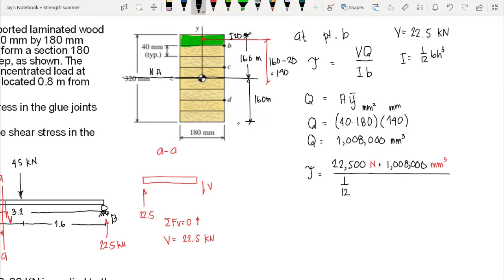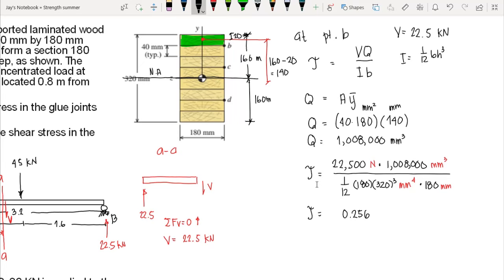So 1 over 12, our base is 180, our height is 320 cube, in millimeter to the fourth, correct? Then times our B, that is the width of our shear area. Now our shear area is this shaded region here, so therefore our base width is 180 millimeter. So we have the answer here, which is equal to 0.256.